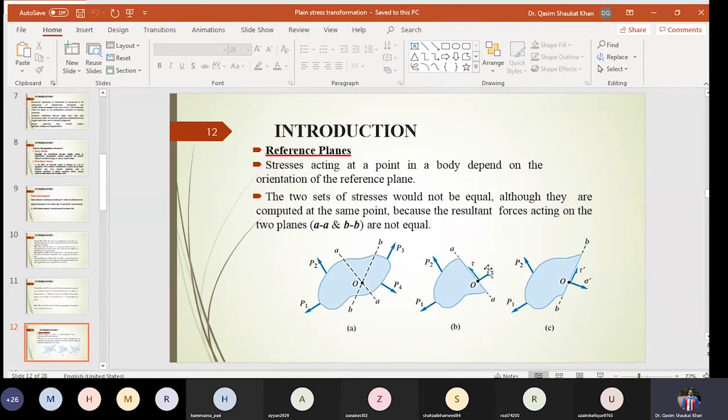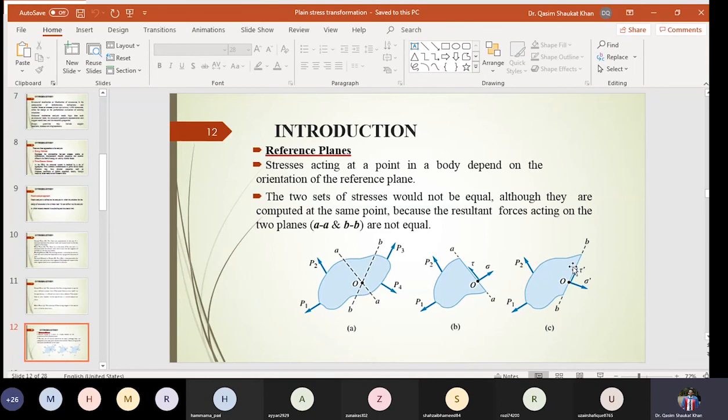Now you can calculate the resultant normal stress and the resultant shear stress acting on the element. Then we have cut the element along the plane BB. So over the element, these are the external forces P1, P2. This is the center O, and these are the resultant normal and shear stresses.